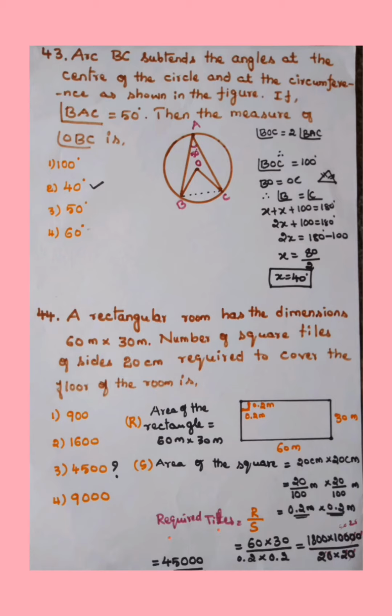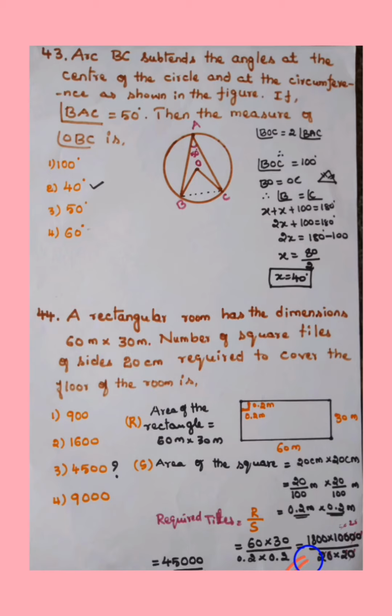Therefore the required number of tiles is equal to the area of the rectangle divided by the area of the square. Substitute the values and you can solve for it. Either you can substitute this value directly and take this 100 to the numerator directly and solve it. For the solution you can use your own method, okay? Simplifications could be by an easy method, whichever you feel like.